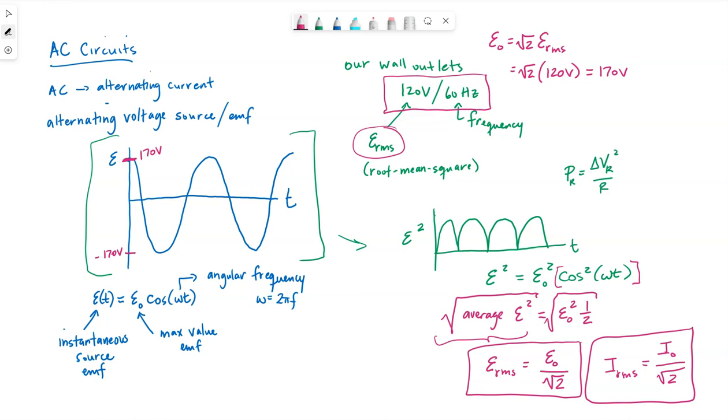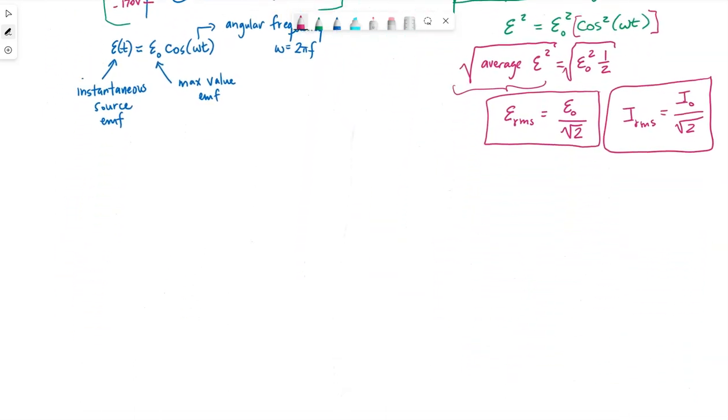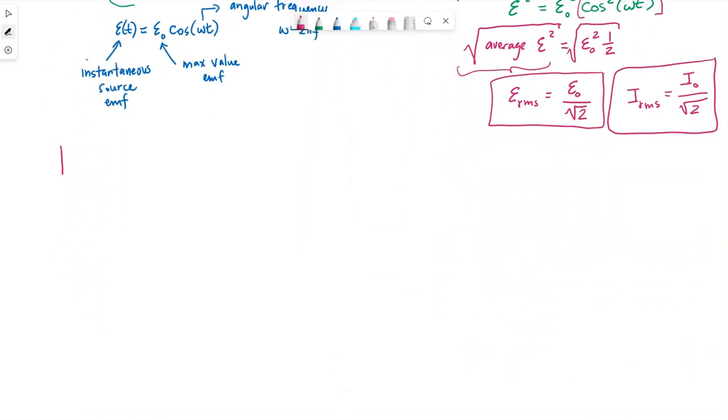In a circuit, we're going to represent an alternating source as a circle with a little sine or cosine curve in the circle. If you recall, a battery was represented by a long line and short line, or even a couple long and short lines, where the long end of the battery represented the higher potential end.